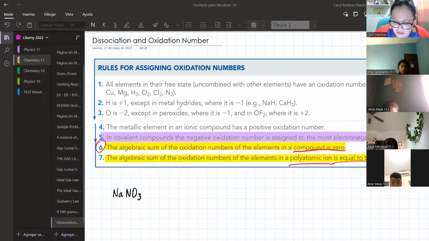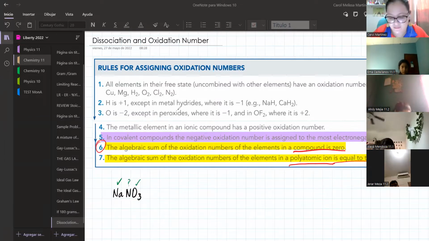I know the charge of sodium because it's there in the periodic table. It's part of group 1A, the alkali metals, so you know that the charge is +1. You know the rule of oxygen, that is -2, which means that we need to find what nitrogen is. So I will transform this compound into an algebraic expression.